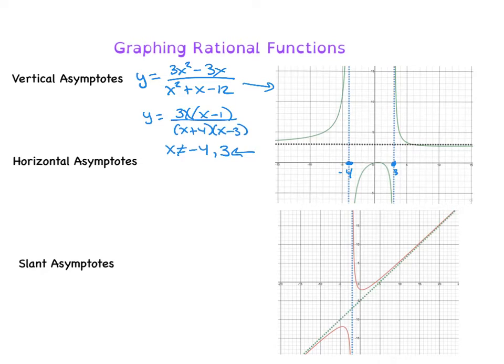That kind of makes sense for our graph here. We can't have any y values crossing that line, because that would imply that at x equals negative 4, we would have some y value existing, and that's not okay. It would make us divide by 0. So that is why those asymptotes exist at x equals negative 4 and x equals positive 3.